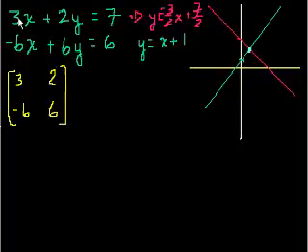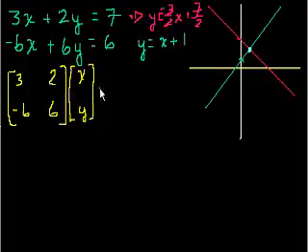I just took the coefficients, right? 3, minus 6, 2, 6. And if I were to multiply that by a column vector matrix, x, y, and if I were to set that equal to another column vector matrix, 7, 6.